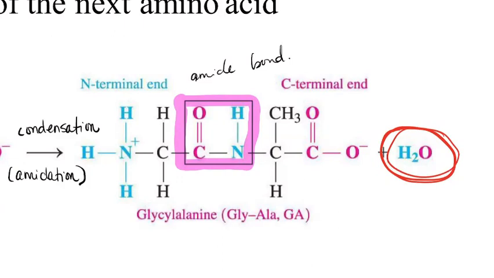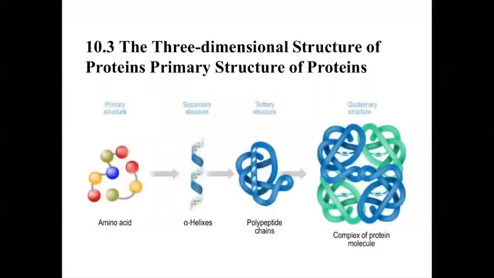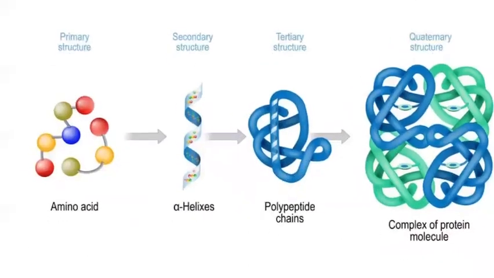When it comes to proteins, proteins actually have a three-dimensional structure. And in section 10.3, we are going to explore the three-dimensional structure for proteins, okay? Starting with the primary structure of proteins. So this is how protein structure is organized.